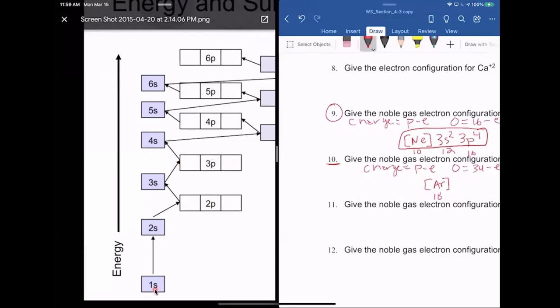So that means everything between 1s and 3p is taken care of by Ar. Ar has taken care of everything from 1s all the way to 3p, so we don't have to write any of those. We just have to pick up after 3p. What is after 3p, guys?